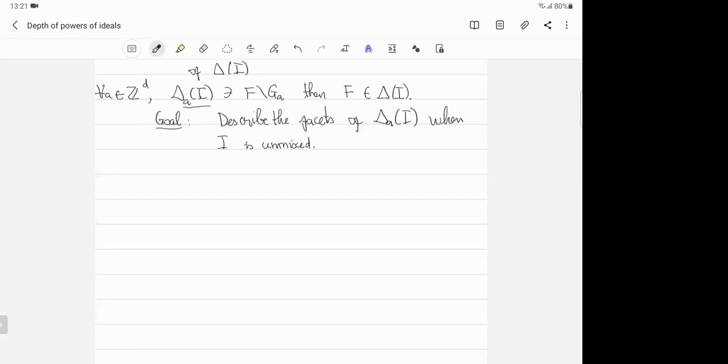Maybe it is useful to recall a few relevant things first. This is not so difficult, but it is useful to recall.